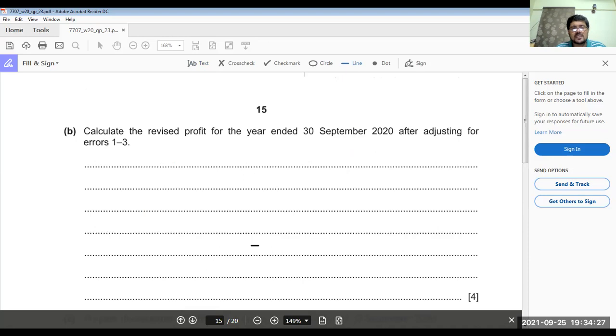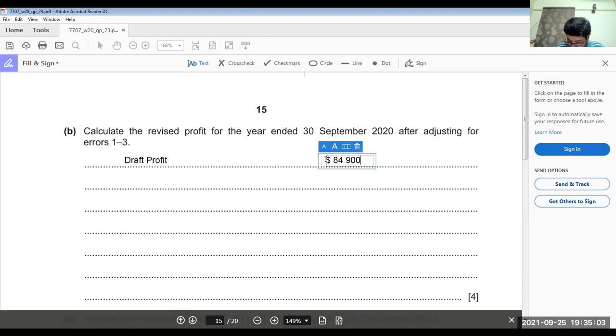Calculate the revised profit for the year 30th September 2020 after adjusting for errors 1, 2, and 3. Okay. Now, what is the draft profit? Draft profit, how much? $84,900.